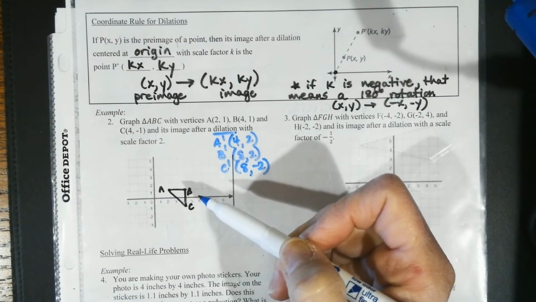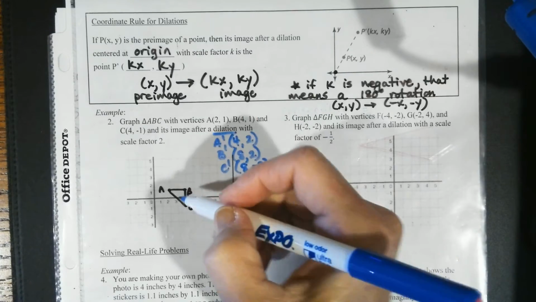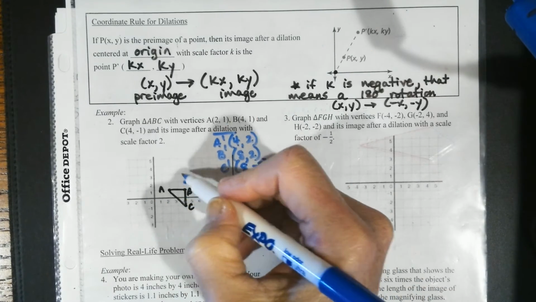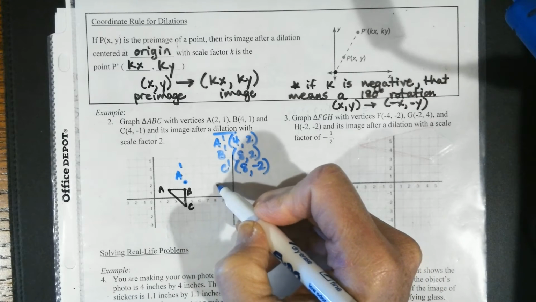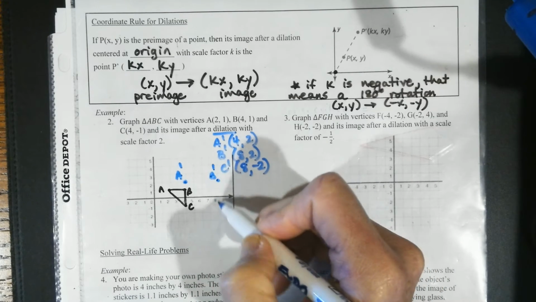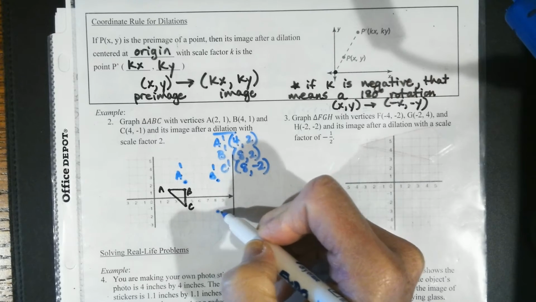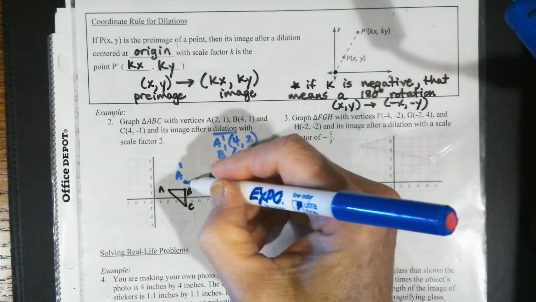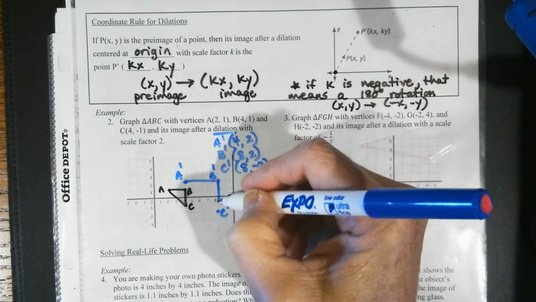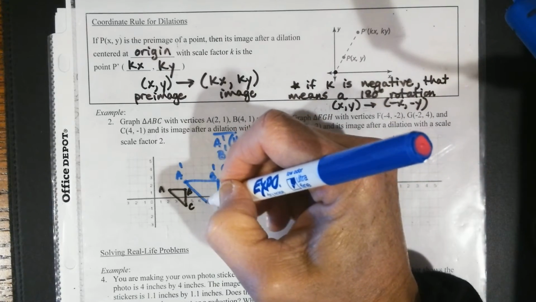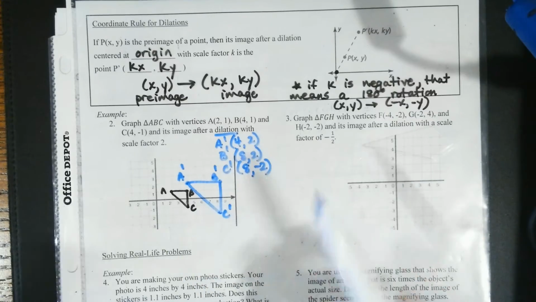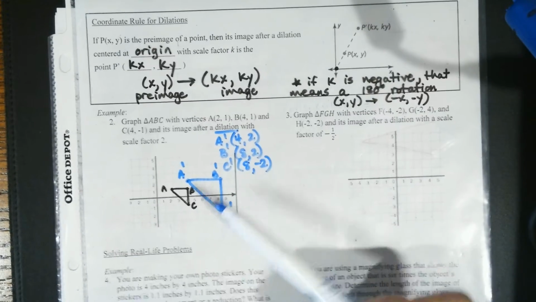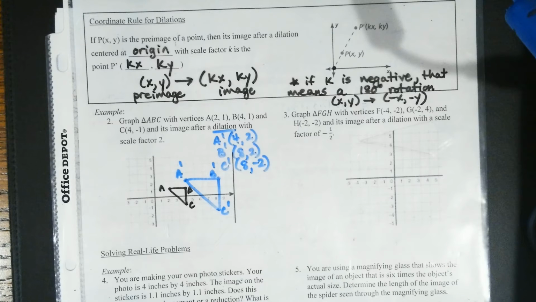So then you put them on your graph. So A prime is 4, 2. B is 8, 2. It's B prime. And then C prime is 8, negative 2. Again, I would normally use a straight edge, but for right now, we'll just do that. Okay? And that's how you do it. You just multiply the numbers and boom, you got a graph.